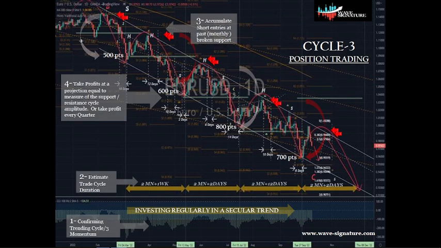All right, let's now do a complete position trade using such information regarding cycle 3s and the recurrence. Remember, we're going to be seeing this several times, all right, recurring on the market. We're going to be seeing such breakouts.